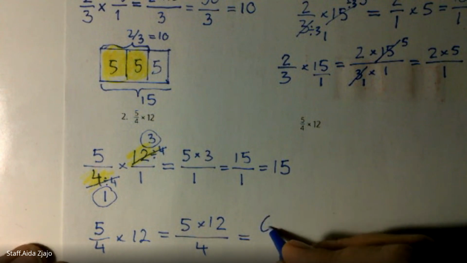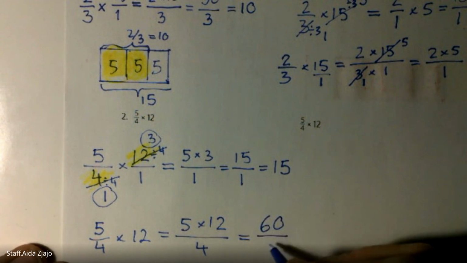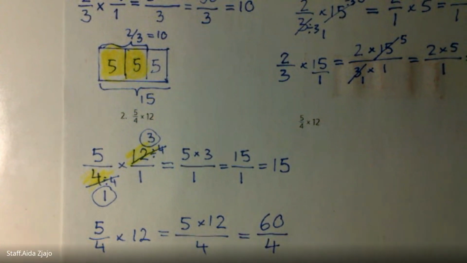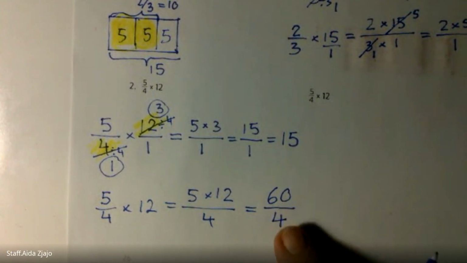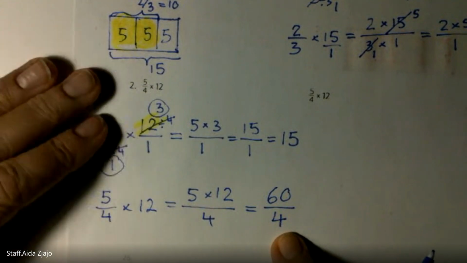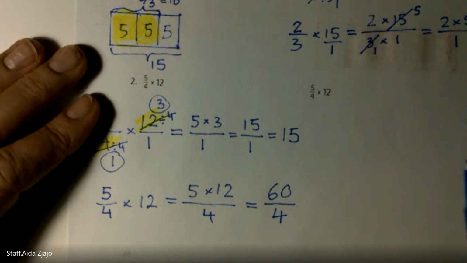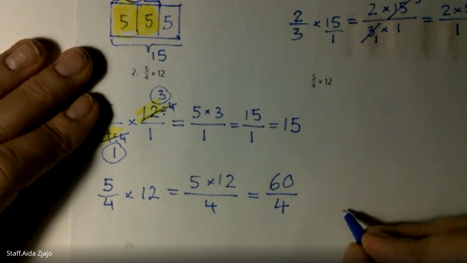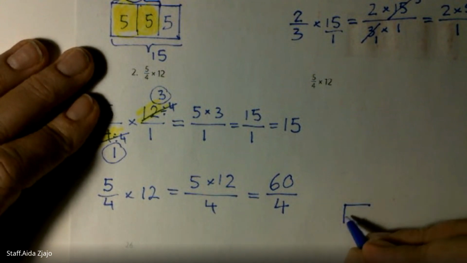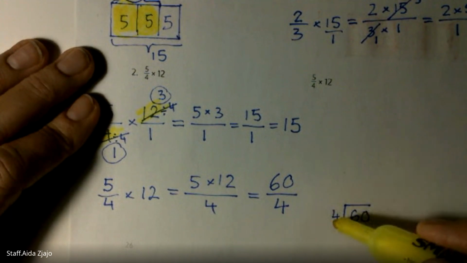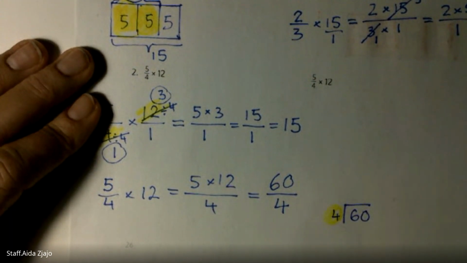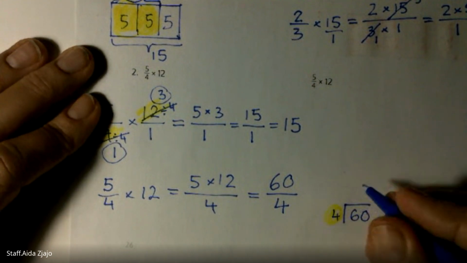So 50 plus 10 is 60. So here we're dealing with division, 60 divided by 4. So right now you have to think how you can divide 60 into fourths. How many fourths are in 60?